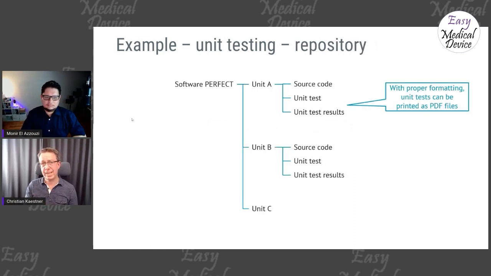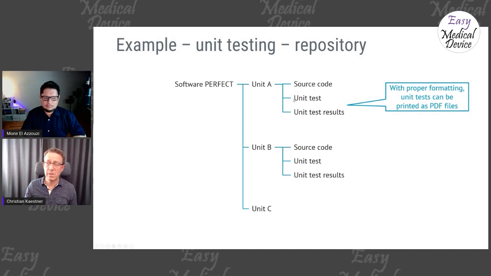But what you could do instead is just save the unit tests in the repository close to the source code. This is a typical example. We have a software product which is divided into units, in this case you could say items as well. You have source code, and close to it, the unit test is already located.